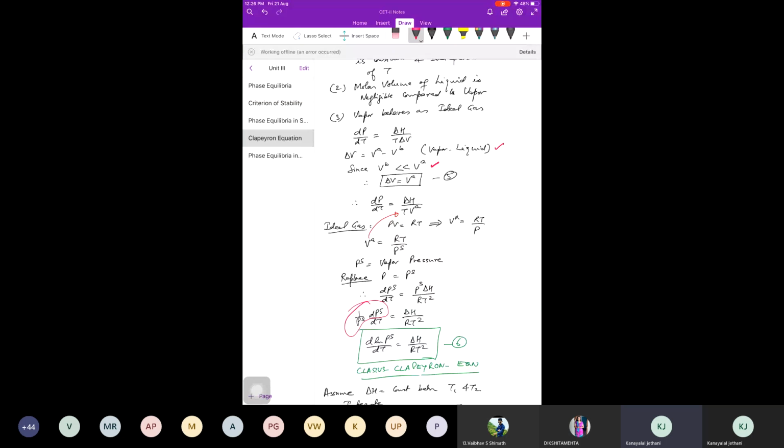And this is called Clausius-Clapeyron equation. Any questions on equation 6? Okay, no questions, then we'll move forward.